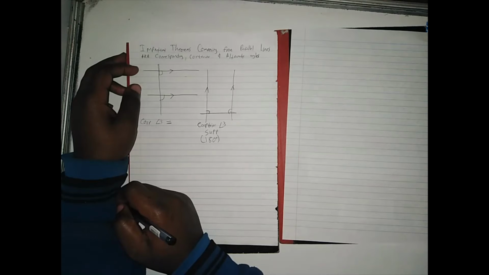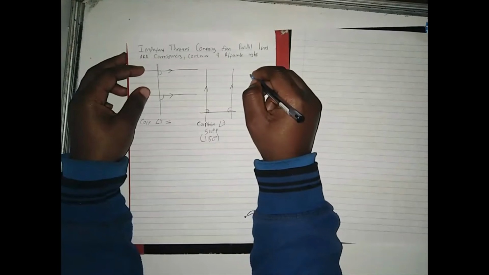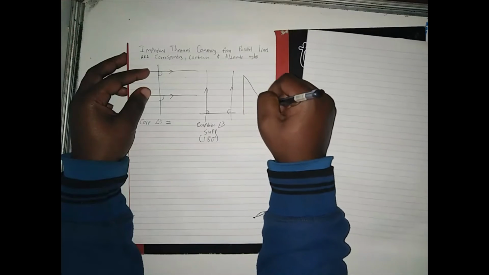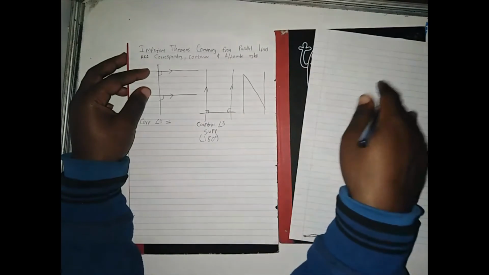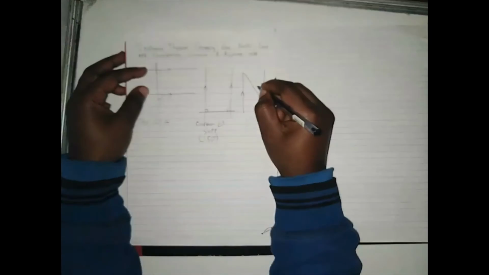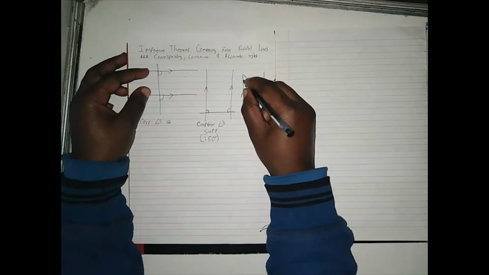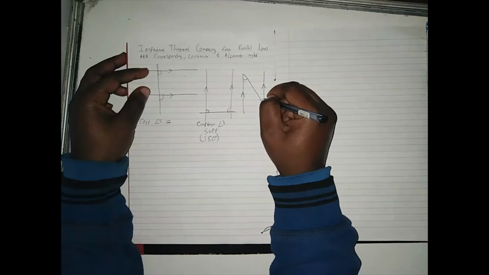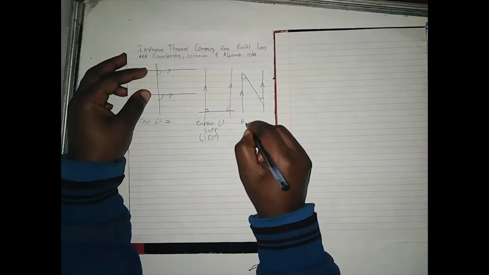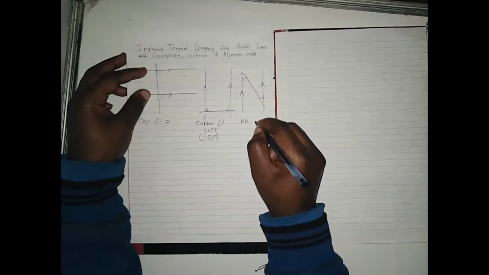If you've got transversal lines which are parallel, therefore the alternate angles are equal. So if these lines are parallel, then this one is equal to this one. So if we shorten it up, we'll say alternate angles are equal.